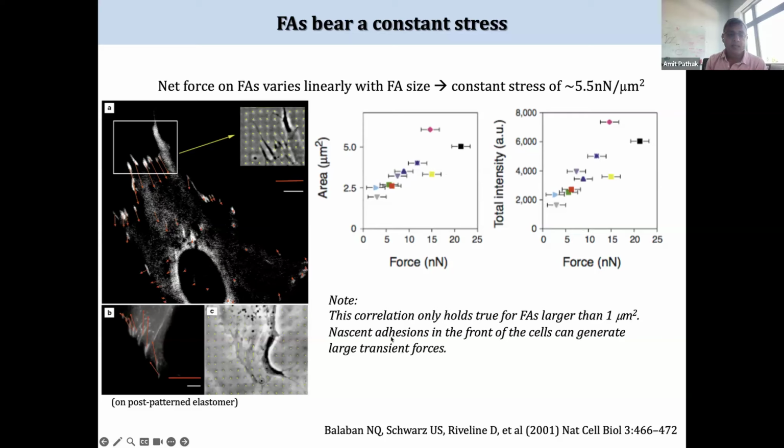But this trend only holds true for focal adhesions larger than 1 micron squared. That was an important point made in this paper, because you can see there are outliers along this line. The reason is that if the area is really small, these nascent adhesions are in a noisy step of adhesion turnover.